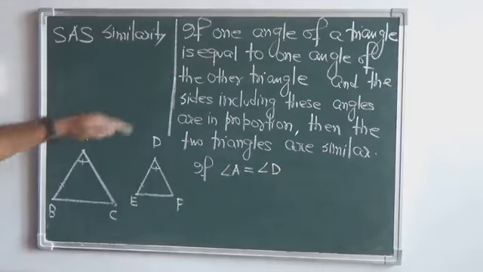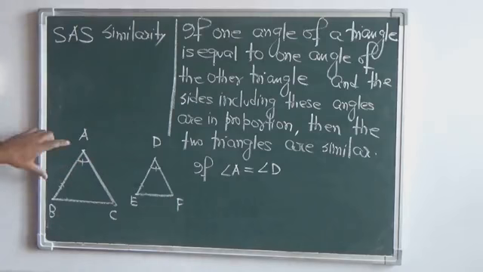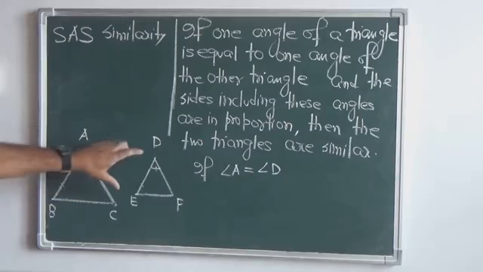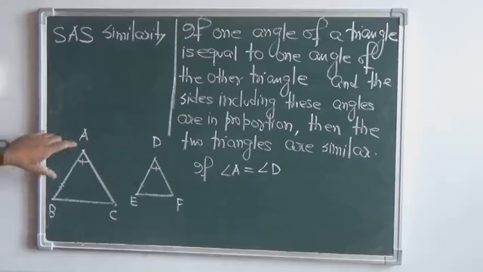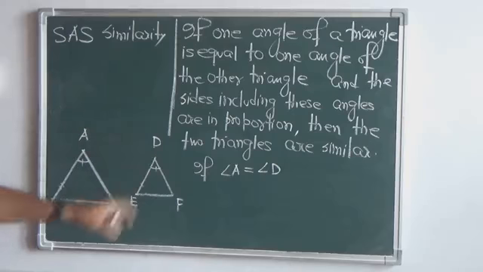If one angle of a triangle is equal to one angle of the other triangle, that is angle A equals angle D, and what are the two sides which include this angle? That is the sides AB and AC of this triangle, DE and DF of this triangle. So you can say AB by DE is equal to AC by DF.